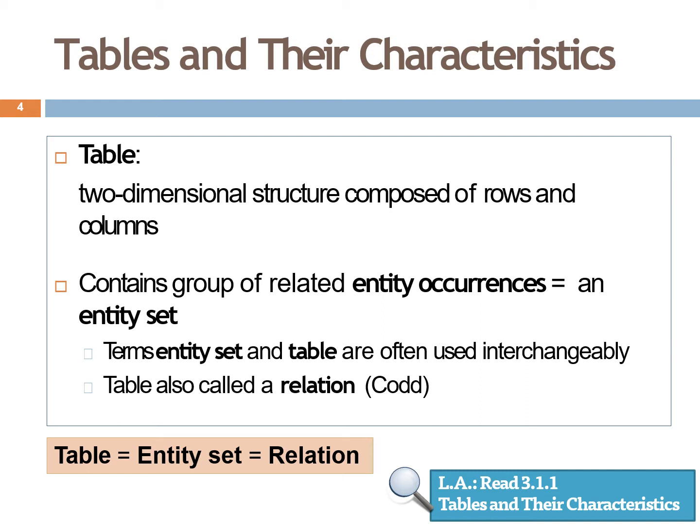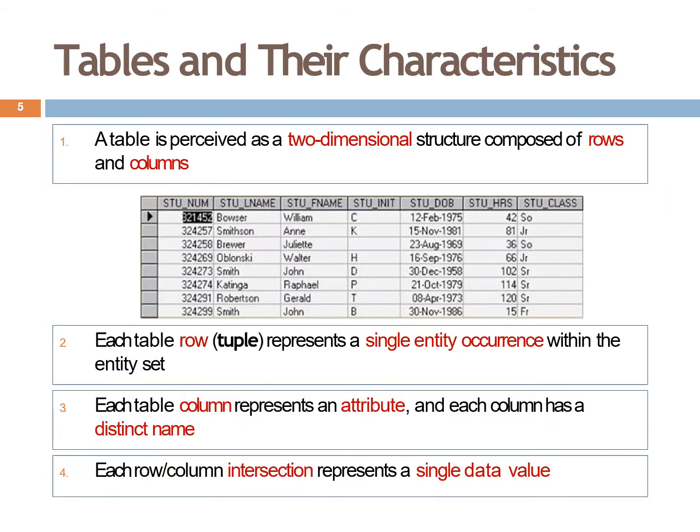So please read the LA there. It means lecture attachment. Read topic 3.1.1, tables and their characteristics. So again here, a table, two-dimensional, row and column. You can see in the picture, in the figure, row and column. Each table has a row. We also call a row a tuple. That is a single entity occurrence within the entity set.